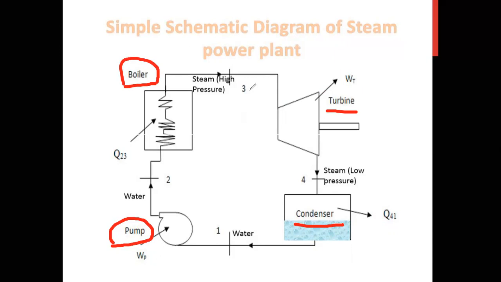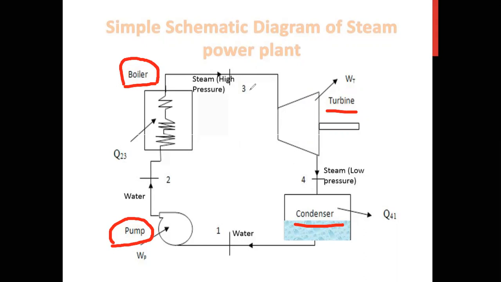You can see this is a schematic diagram. This diagram shows only 4 important parts: the boiler, turbine, condenser, and the pump. Every part has a different operation and purpose.